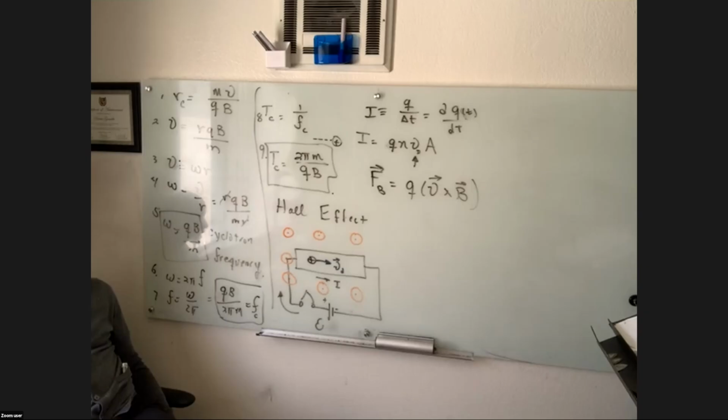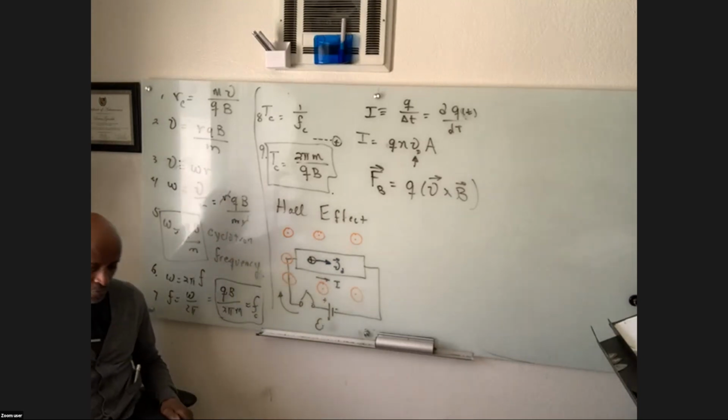Yeah. So, can you tell me, Angel, what is the direction of the magnetic force on holes moving to the right? Do the right hand rule. Here's your second chance at it.